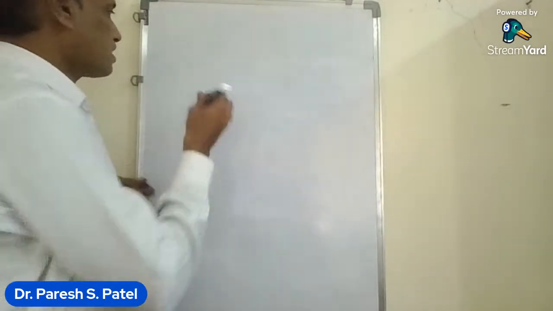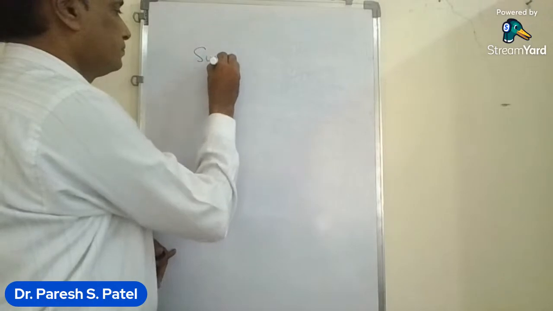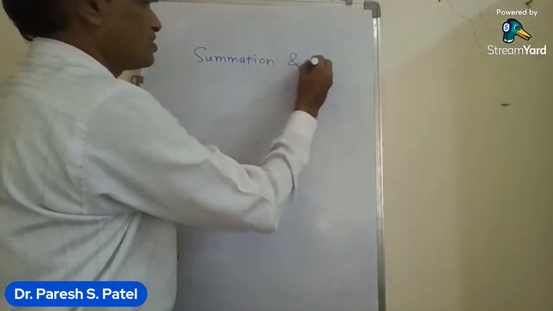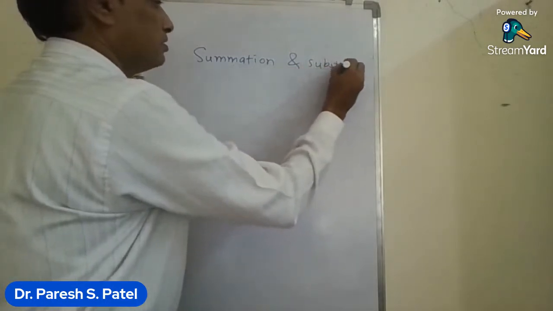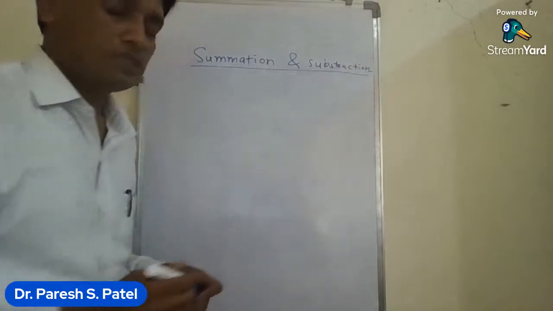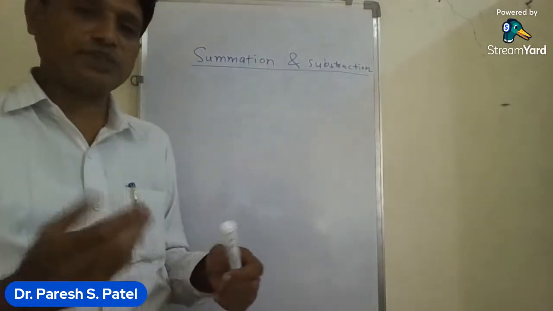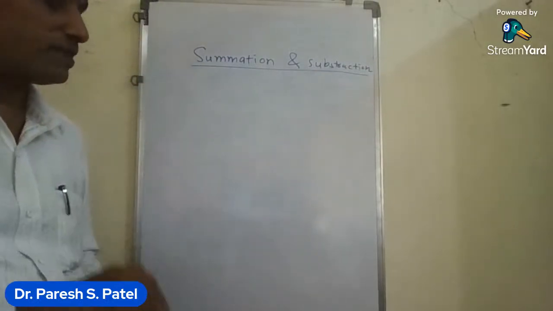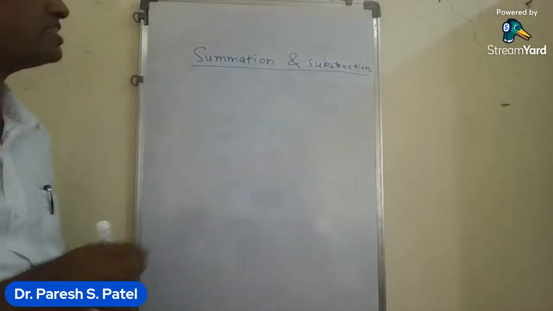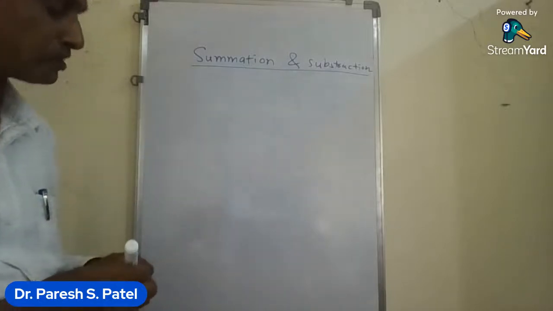Now the next step is summation and subtraction. Summation and subtraction of any two matrices is possible only if the dimensions of both matrices are the same. Then summation and subtraction are possible.